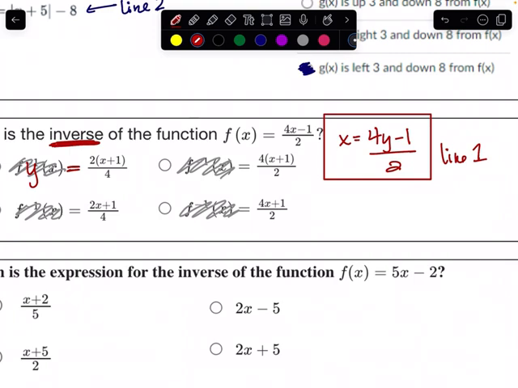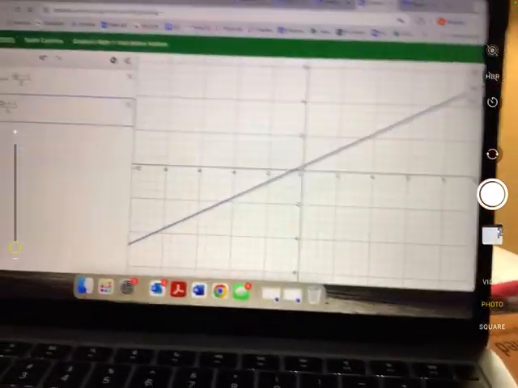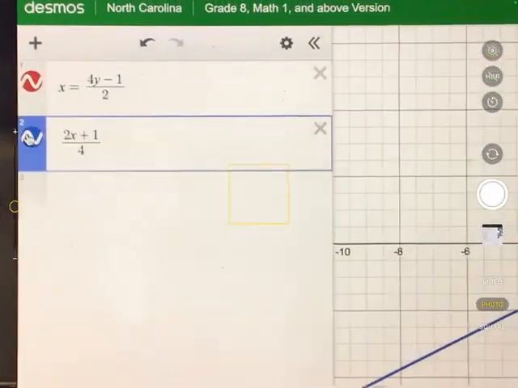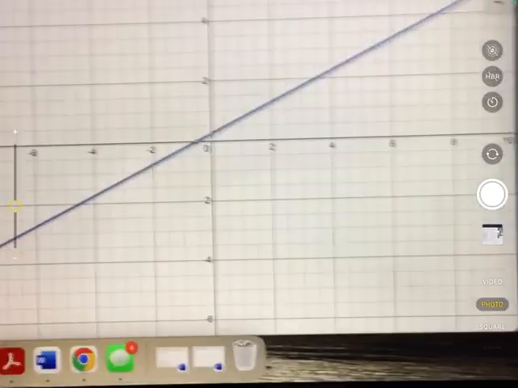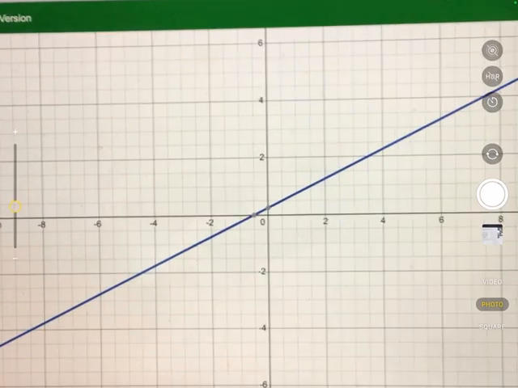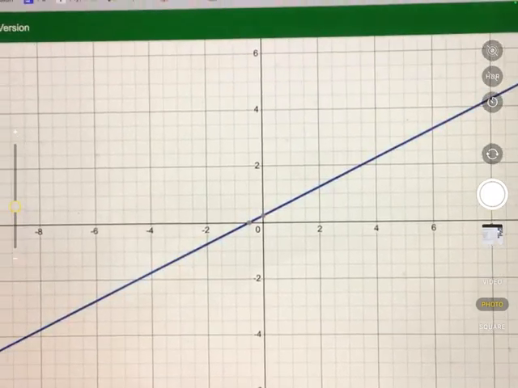Okay, so hopefully you noticed that answer B. These two match each other, and you will notice that if I turn one on and turn one off, they match each other exactly the same. All right, so answer choice B, I hope you got that. And let's keep going.